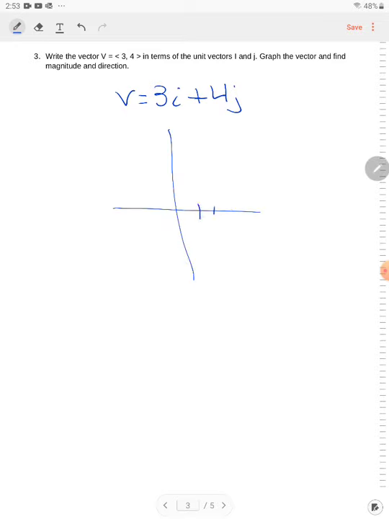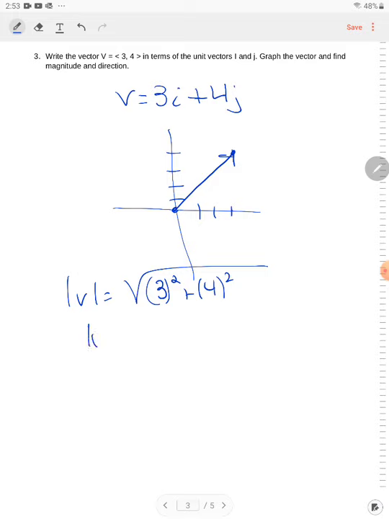Again, if we draw the picture, this is what we're talking about. This would be 3, 4. So the magnitude of v is equal to the square root of 3 squared plus 4 squared, which is the square root of 25. The magnitude of v is 5, but the direction is going to be different because this time the vector went upwards.